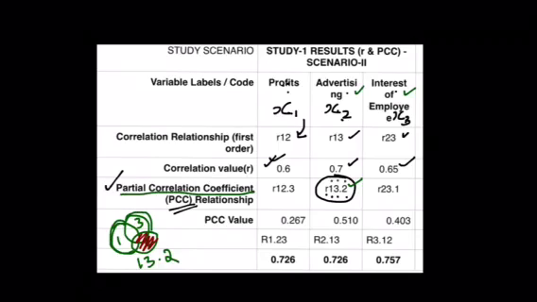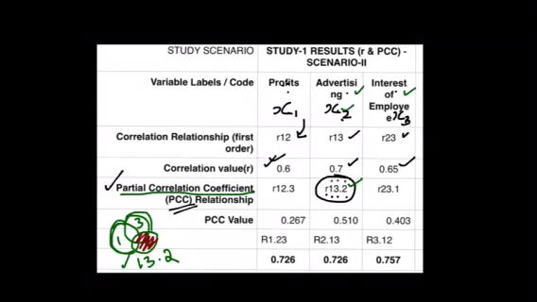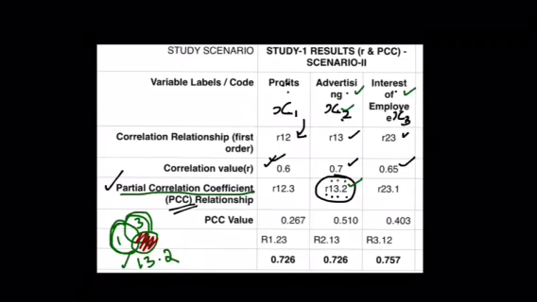So the relationship between profits and interest of employees is sought to be understood while we partial out the influence of the second variable, that is advertising, and that is 2. So 1 and 3, a relationship to the correlation is sought to be found out, and we partial out 2, that is the influence of advertising, from the relationship of 1 and 3.